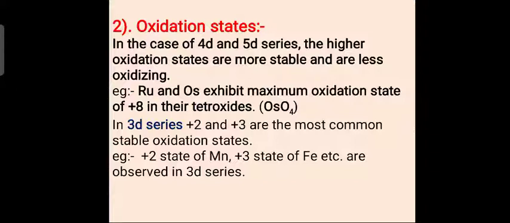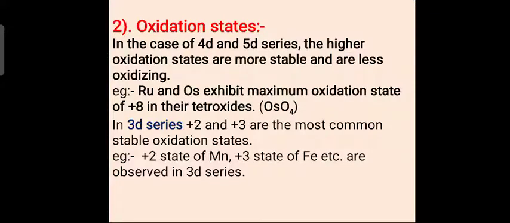Why? Oxygen's oxidation number is -2, and -2 into 4 is -8. The sum of oxidation numbers must be 0, so +8 -8 is equal to 0. So +8 is the oxidation state of osmium.